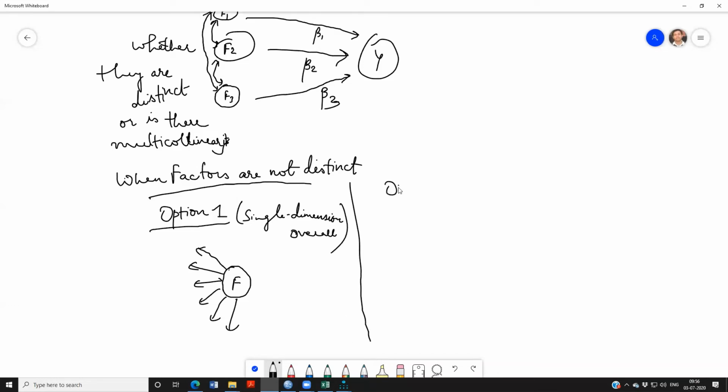The second way, option 2, is that you do hierarchical CFA. We'll do it just now when we work with our leadership construct. So we'll say that there are 3 factors, F1, F2 and F3, each having their own separate items.